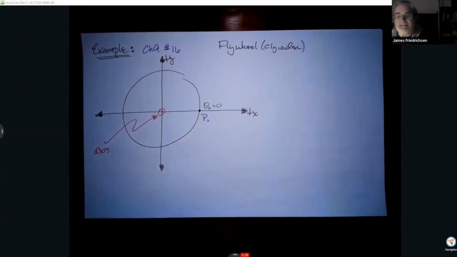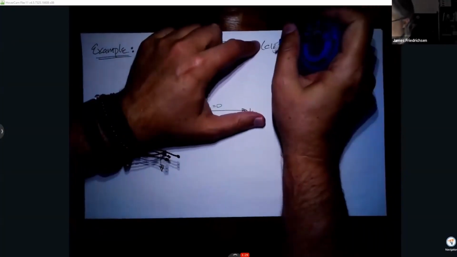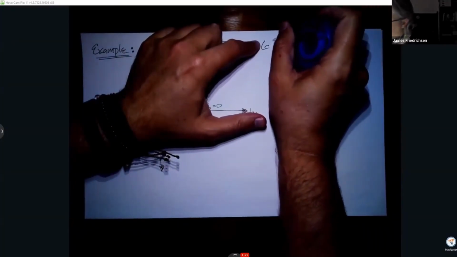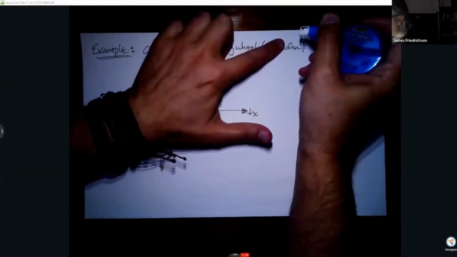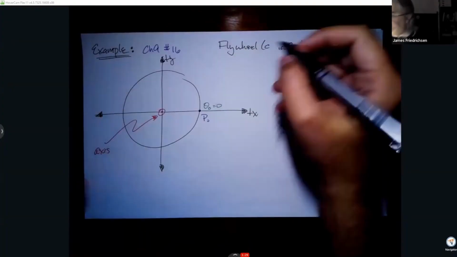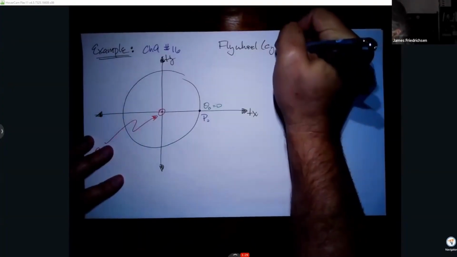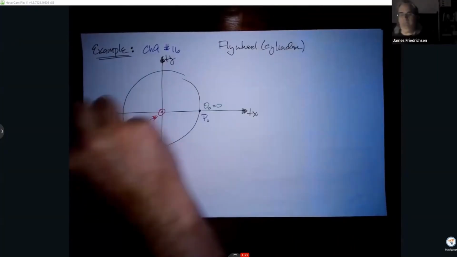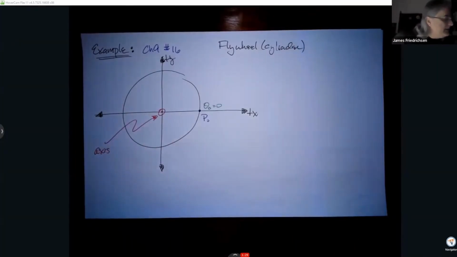Okay, nice cylinder. It gave us some information. It said that the flywheel had a mass of 40 kilograms.